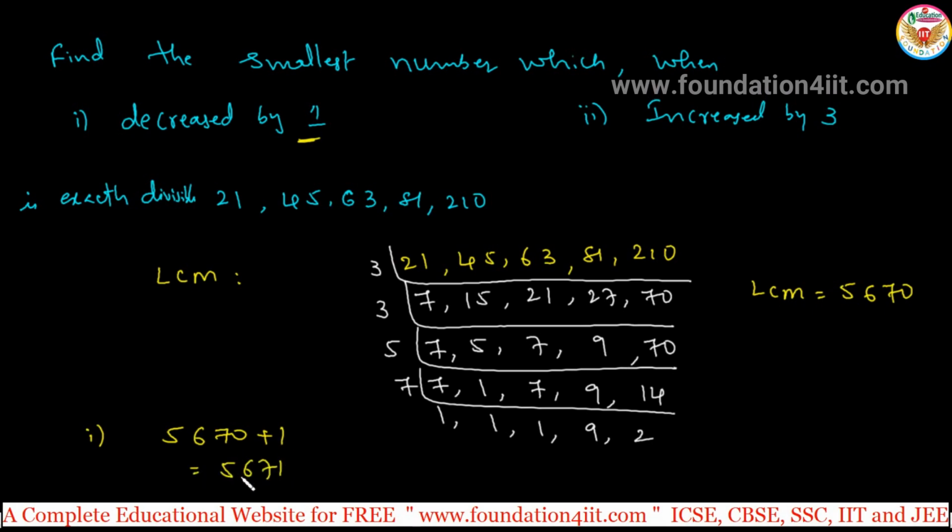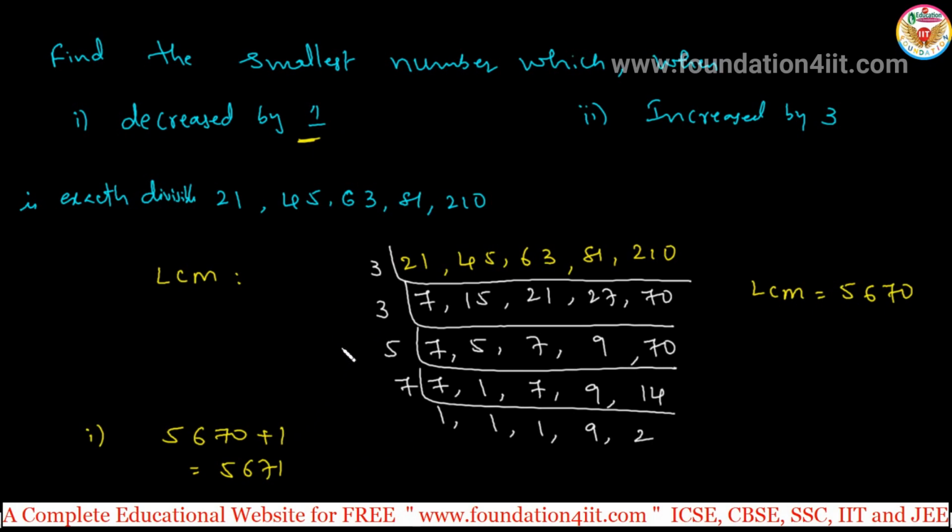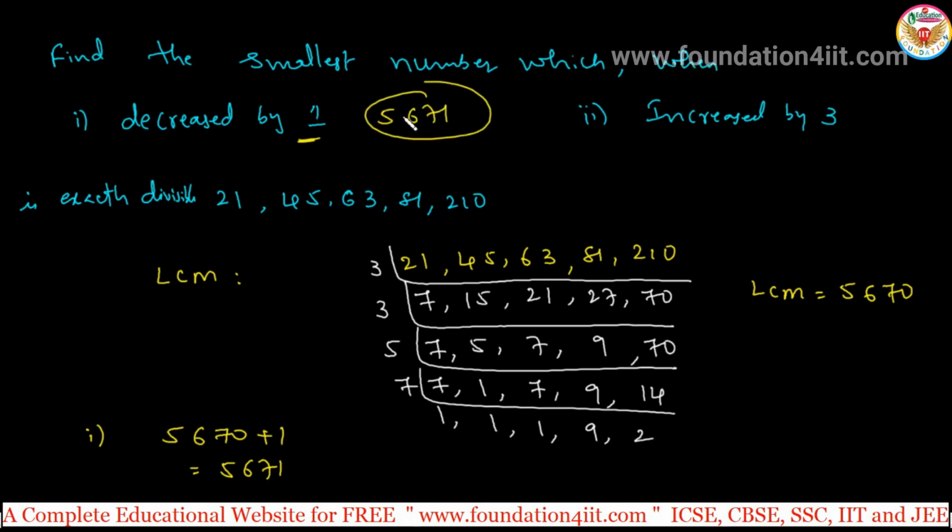Now let us take 5671 and divide with 21. You'll get the remainder 1, because it was decreased by 1. On decreasing 5671 by 1, we get the previous number 5670.